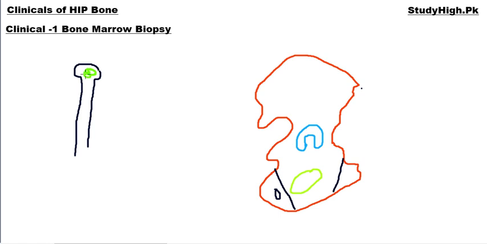This bone marrow is involved in forming different types of body cells like RBCs, WBCs, and platelets that are present in our blood circulatory system. RBCs, WBCs, and platelets are all derived from this bone marrow.